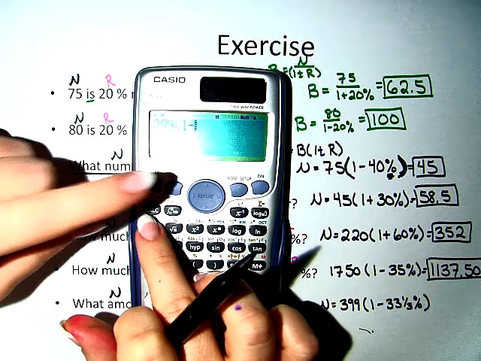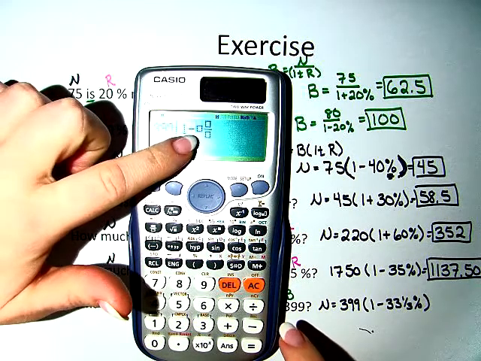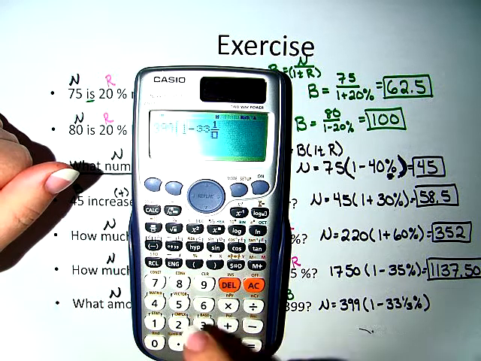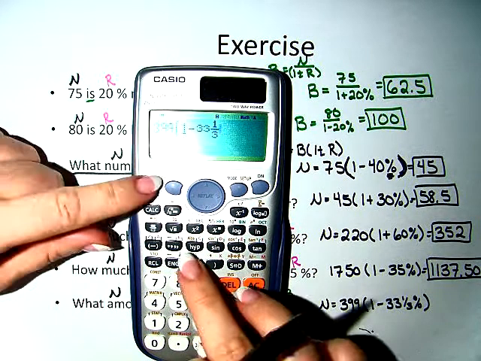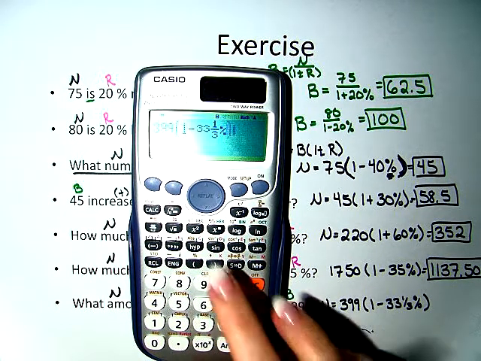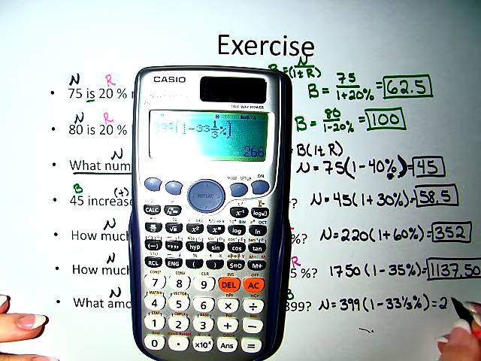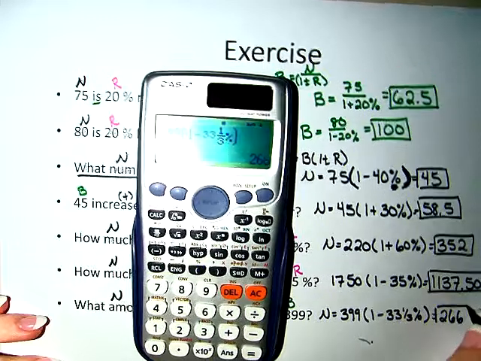We're going to do shift and that button again, and that makes it into a mixed number. 33, 1/3, and at the end of it we're going to put percent and close our parentheses. And we get that the answer is 266.